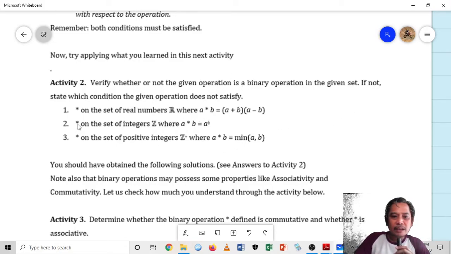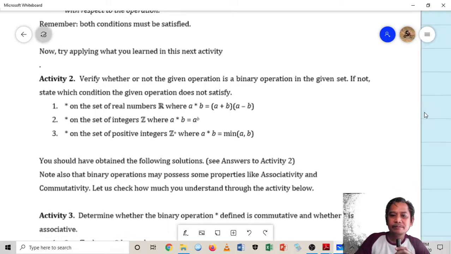Okay. In number 1, we define the operation asterisk on the set of real numbers R, wherein A operation B is the product of the sum a plus b and difference a minus b.